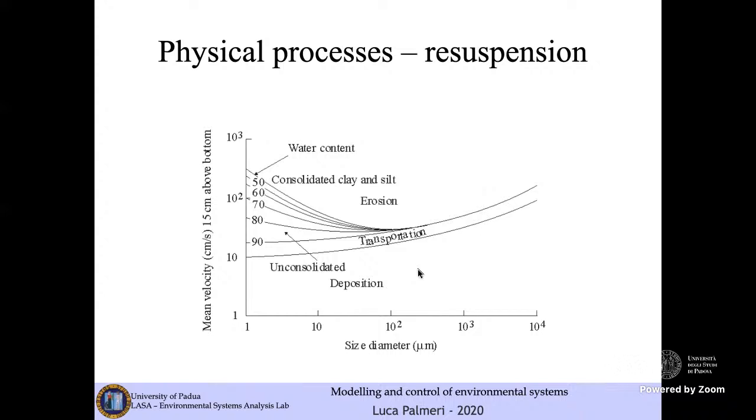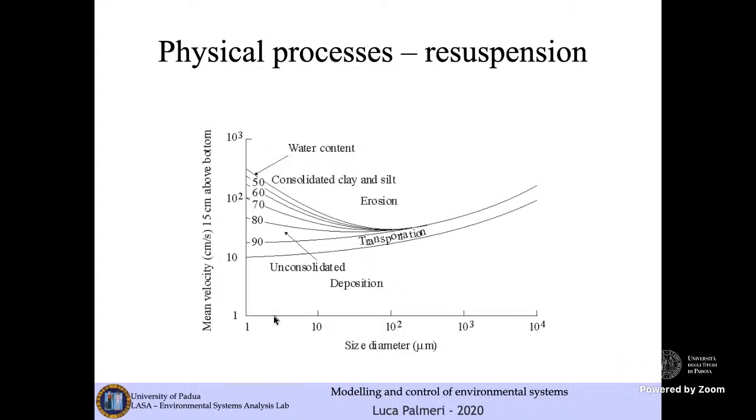And as we have said, this depends on the characteristics of the sediments, in particular on the size or diameter of a particle, which may be expressed in microns. So if we make empirical observations under different conditions, for example, let's see how much sediment is moving from the bottom of the water system.